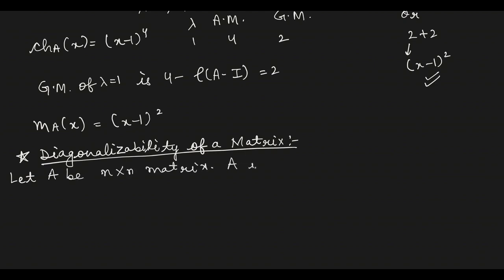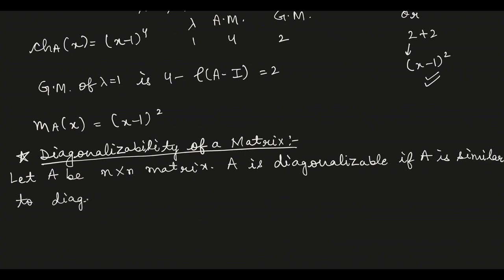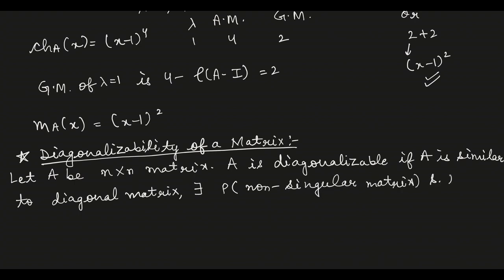A is diagonalizable if A is similar to a diagonal matrix, that is, there exists P, a non-singular matrix, such that P inverse AP is equal to a diagonal matrix.